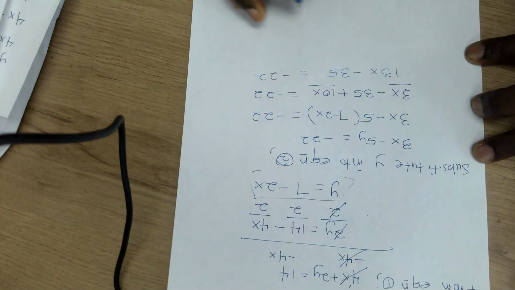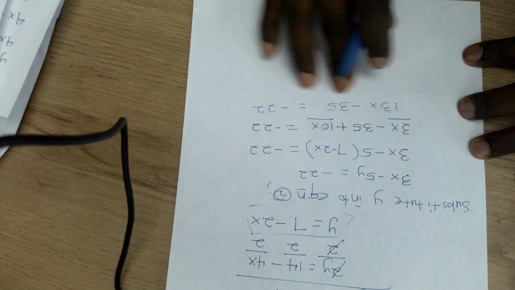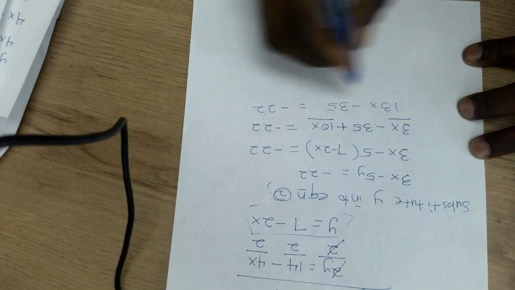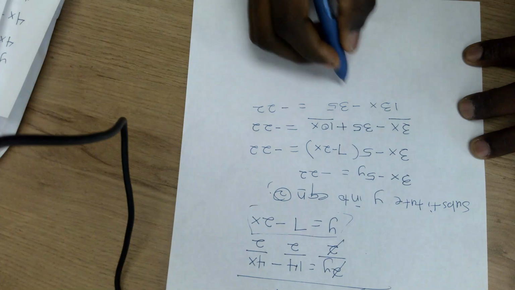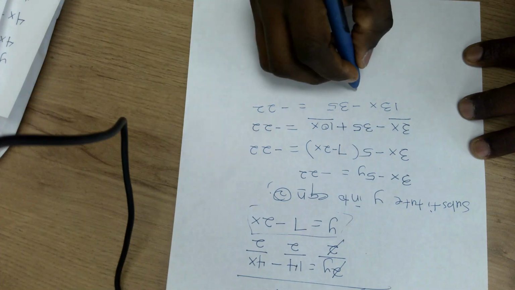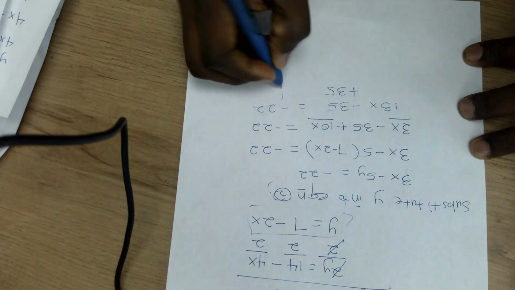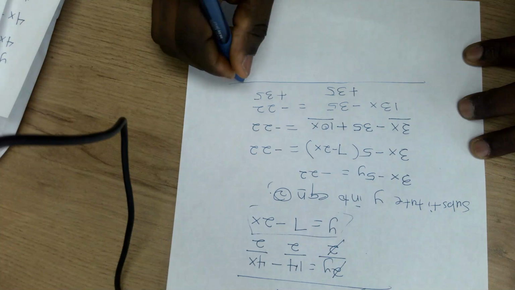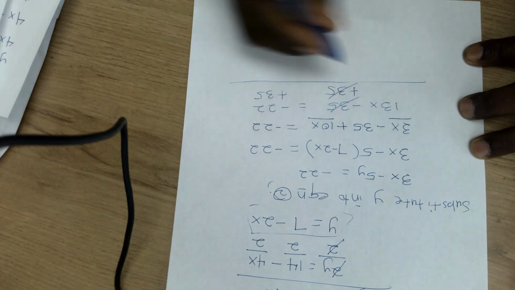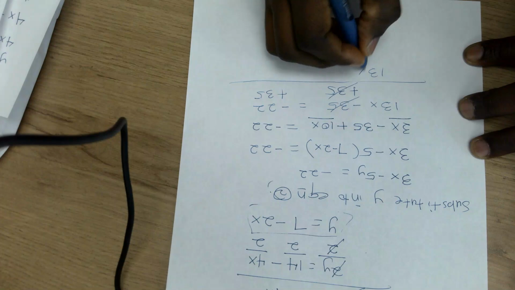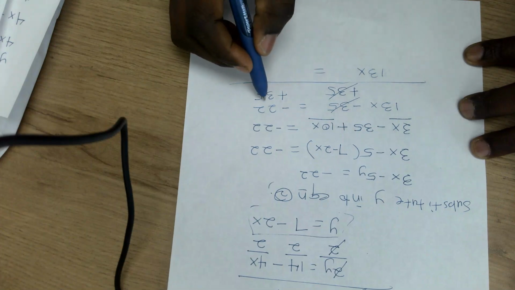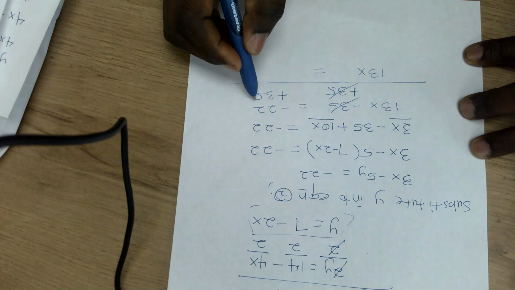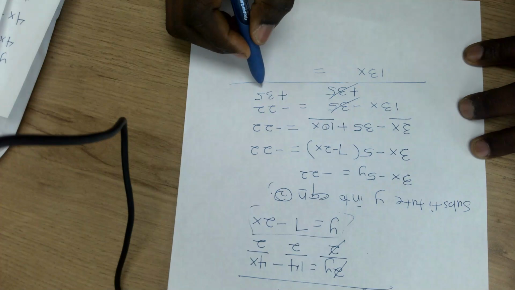All right. So at this point, I will want to get rid of the 35. So I do the inverse of negative 35, which will be positive 35. So plus 35 here, and then plus 35 also at the other side. Okay, so that will be 0. So I have my 13x equal to negative 22 plus 35, which will give me what?